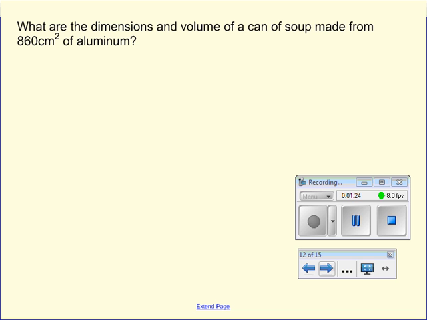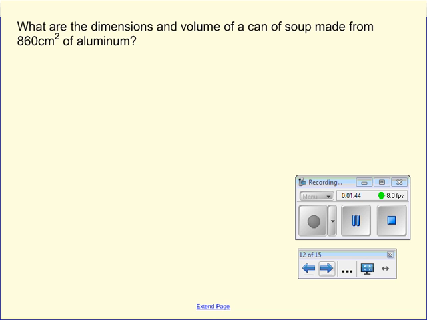I want to know what are the dimensions and the volume of a can of soup made from 860 centimeters squared of aluminum. So I have this surface area, and I want to know the dimensions and volume of this can of soup, and I want the maximum volume.